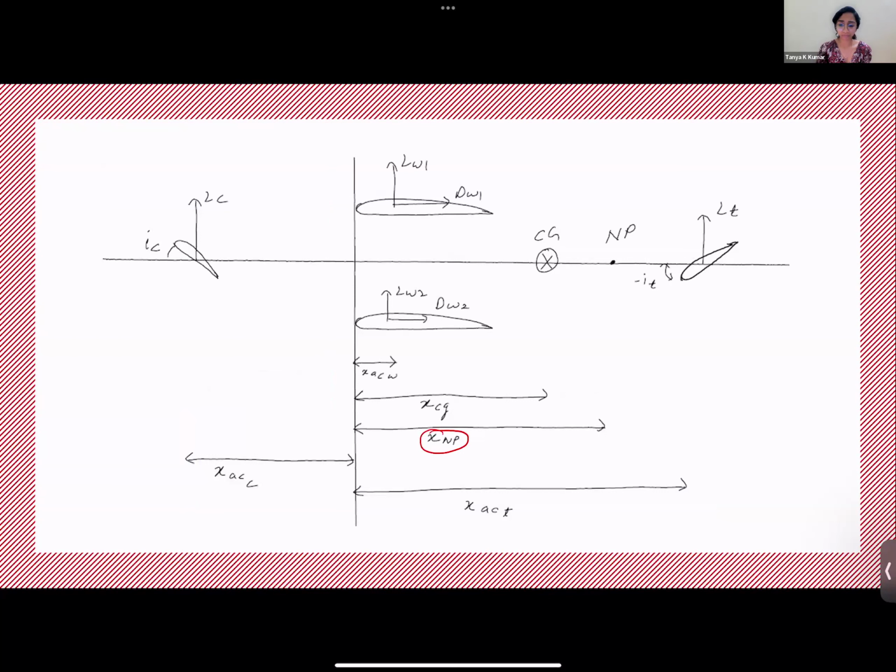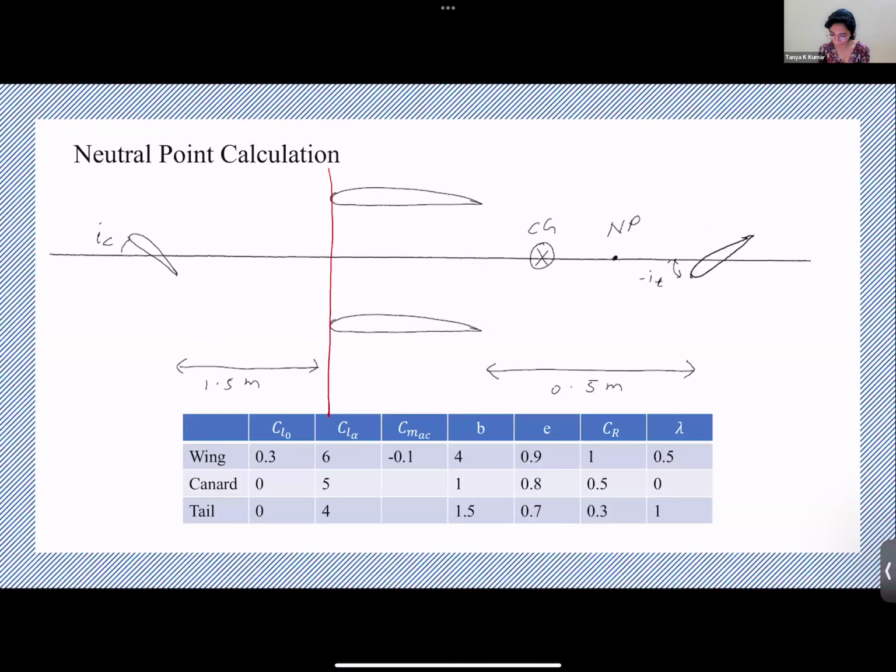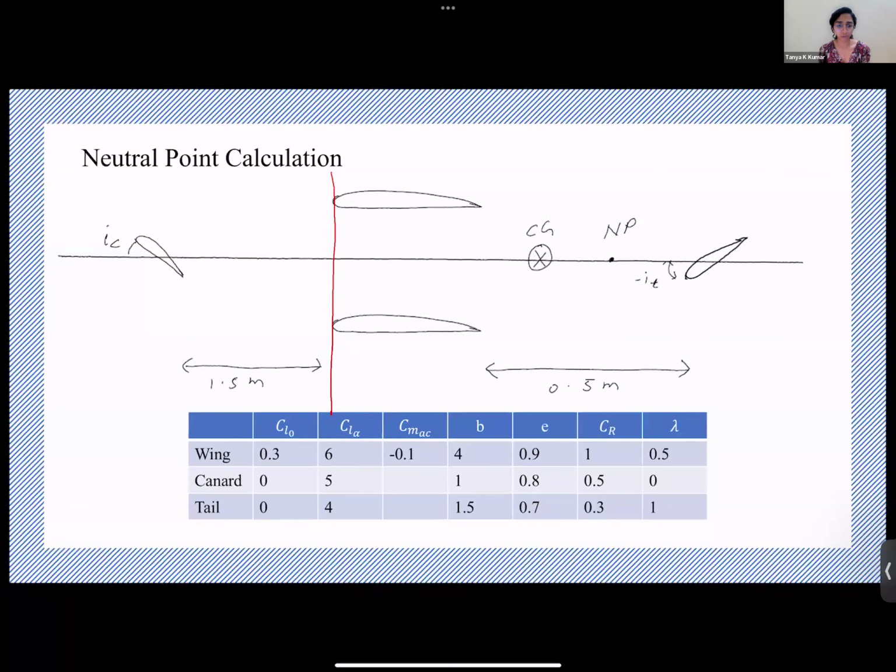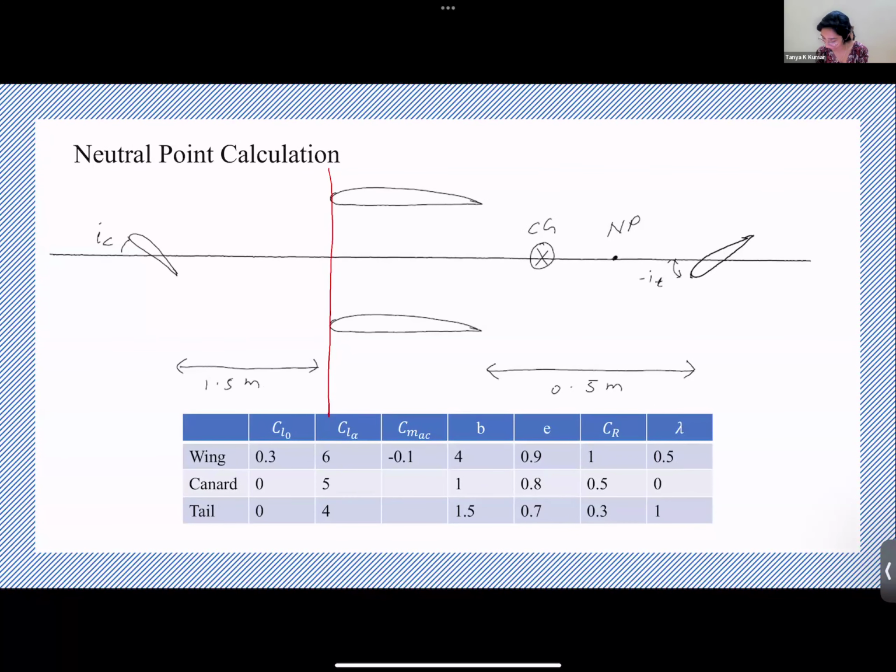Before that, let's look at the diagram that was given here. From what is given to you in this table, I think something is missing. Taper axis, yes. Okay, let's say this is mid chord.